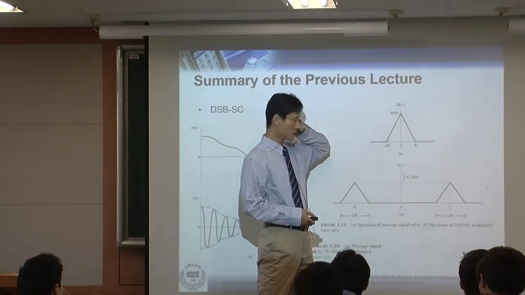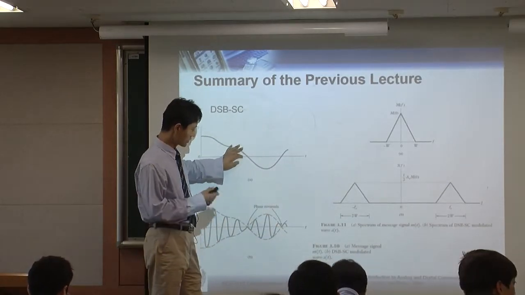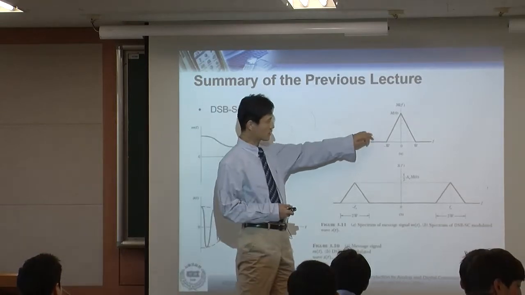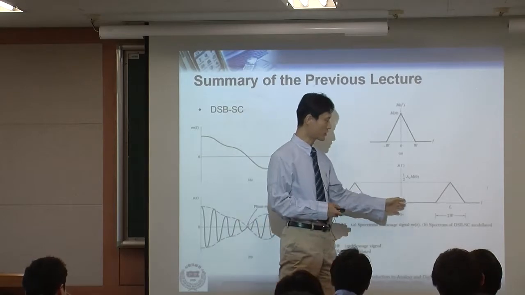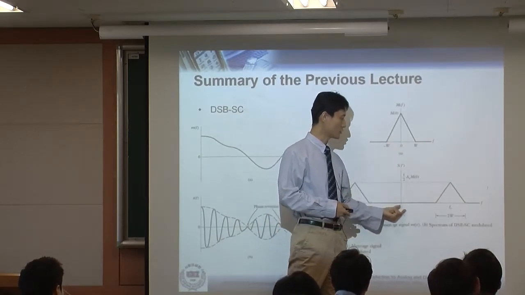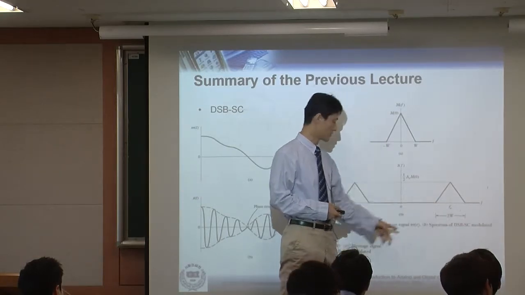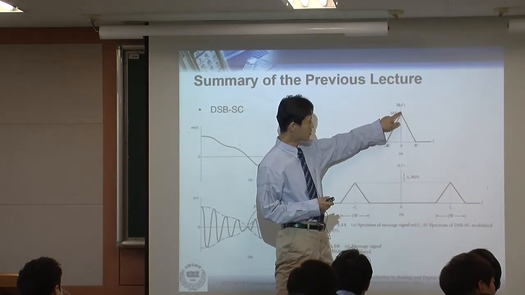By multiplying the cosine, you convert this message to this. We are doing modulation, or the frequency shift. So now the original message in baseband is shifted, and the center becomes fc and also minus fc.